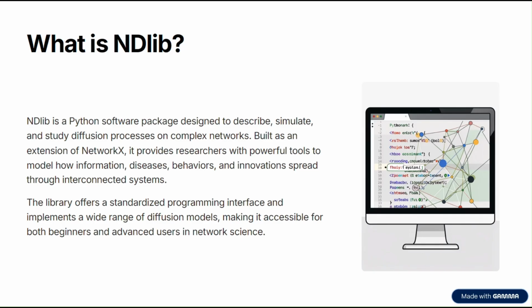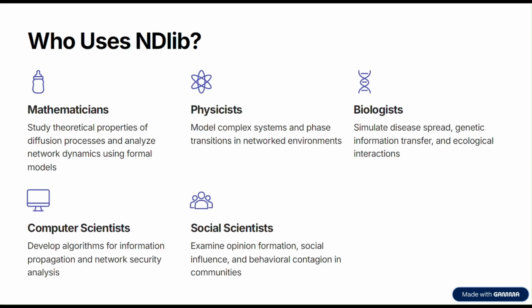The library offers a standardized programming interface and implements a wide range of diffusion models, making it accessible for both beginners and advanced users in network science. Users of NDlib: mathematicians study theoretical properties of diffusion processes and analyze network dynamics using formal models.